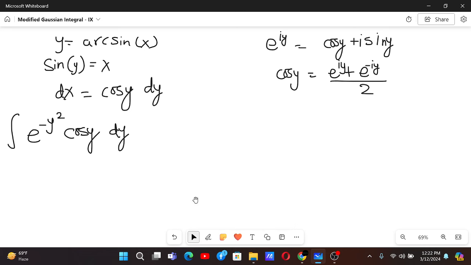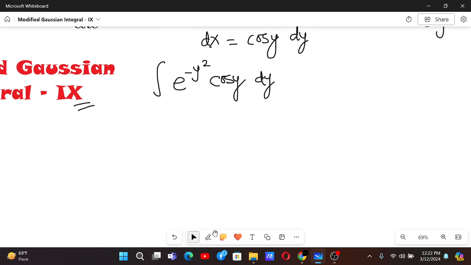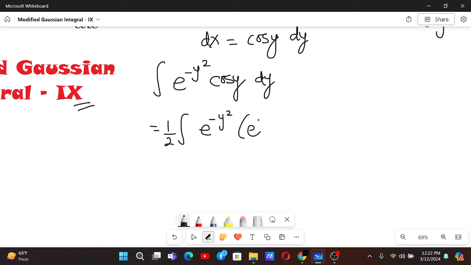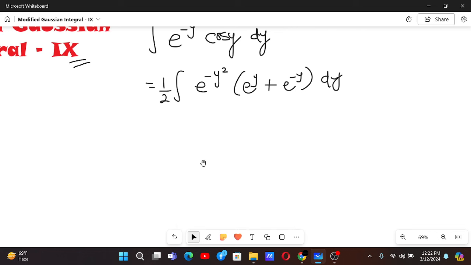Using this, we get that this integral is equal to 1 by 2 of the integral of e to the power minus y square times e to the power iy plus e to the power minus iy, dy. Now let's merge the powers of e and try to simplify.